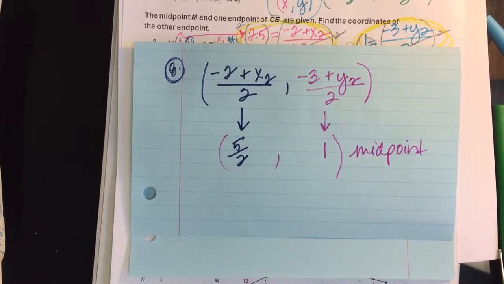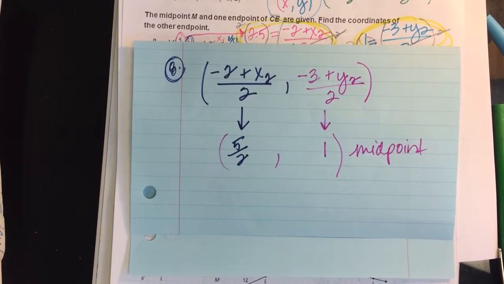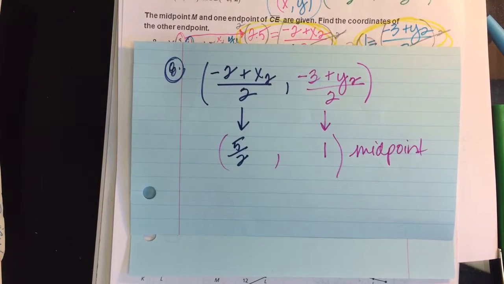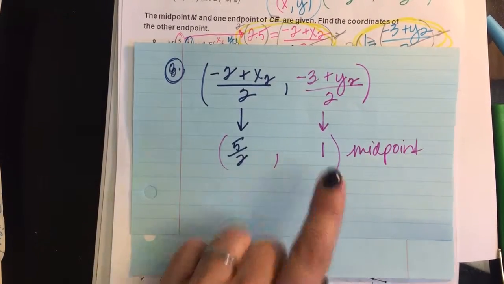I've got to figure out what x2 value gives me 5/2 for the midpoint, and then what's the y2 value that gives me 1 for the midpoint?